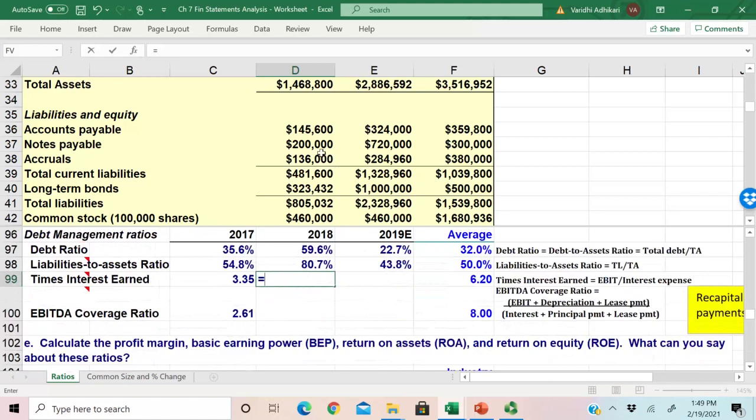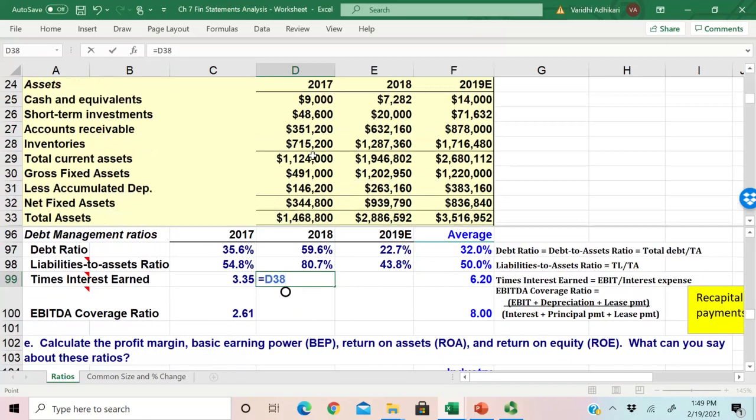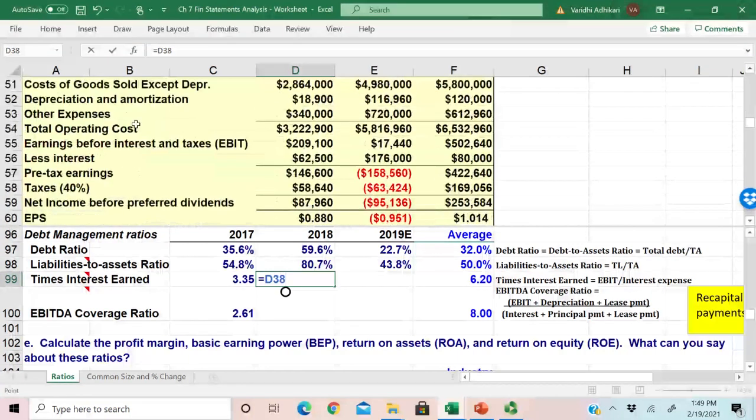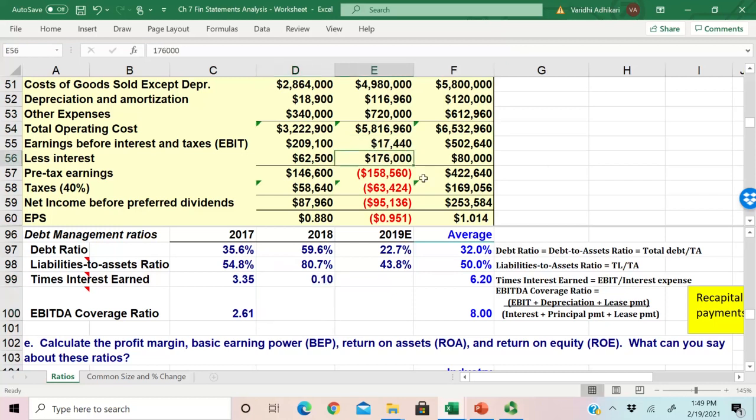Let's do this calculation quickly. EBIT, earnings before interest and taxes, for 2018 is 17,440. That's the operating income, so income before interest. Divide that by its interest payment for that year, which is 176,000.